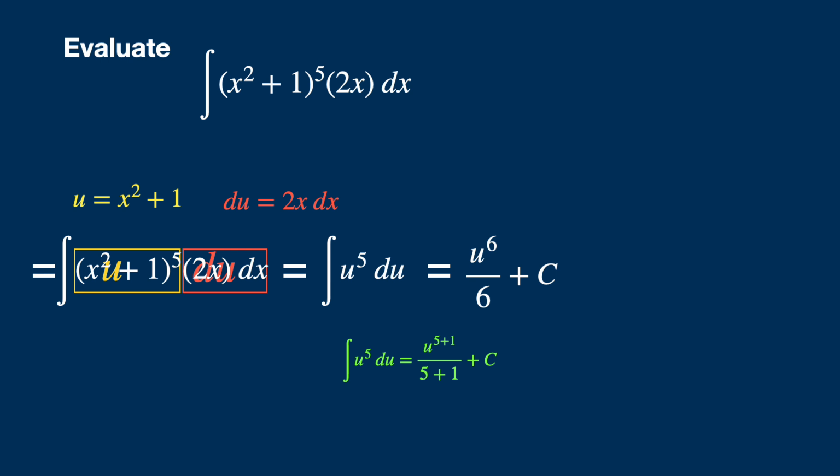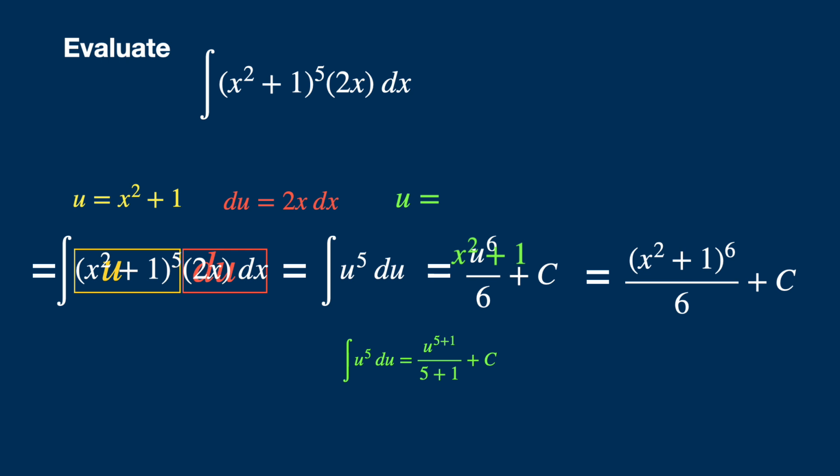Now you have a function of u. You're going to plug the u value back in. It's going to be 2x squared plus 1. No, I'm sorry, x squared plus 1. You plug it back in right there. So the final answer is going to be (x squared plus 1) to the 6th power over 6 plus c.